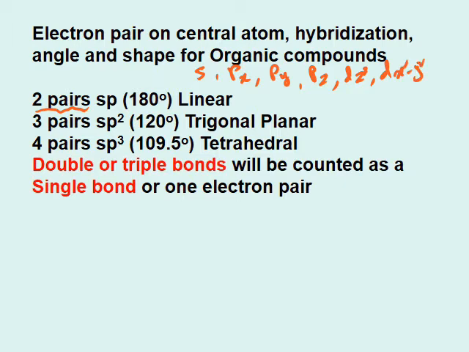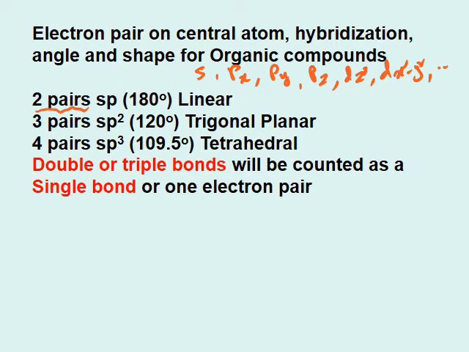Then you have dyz, dxz, and all those 5 d orbitals. We don't need these for most organic compounds, so that's why I'm not writing down other d orbitals after dx squared minus y squared.